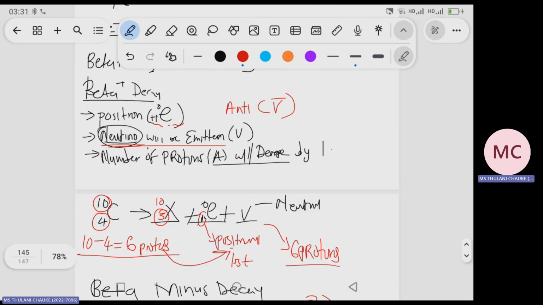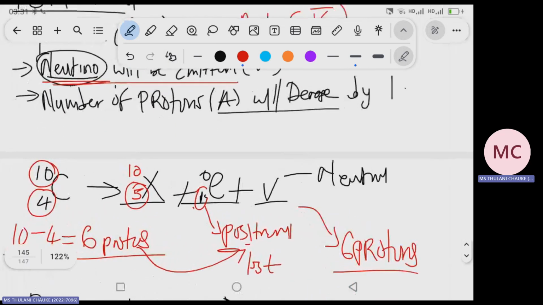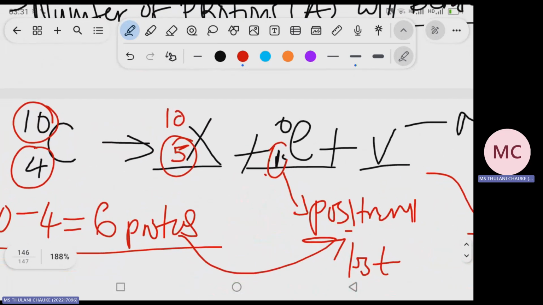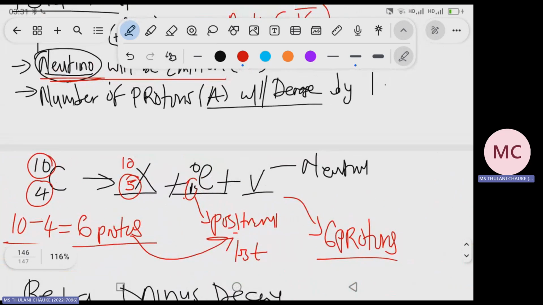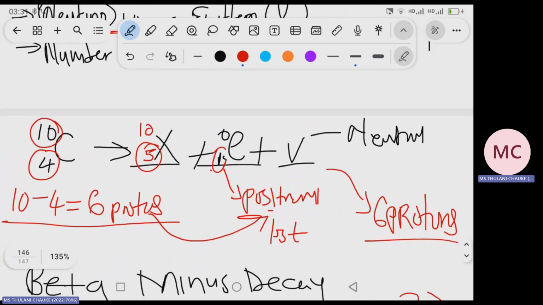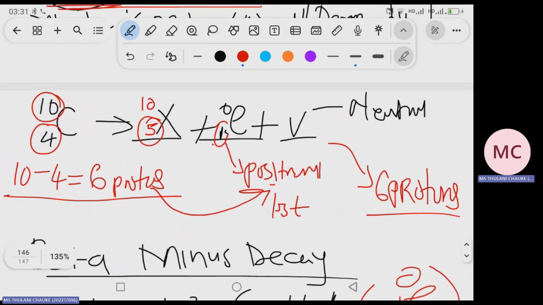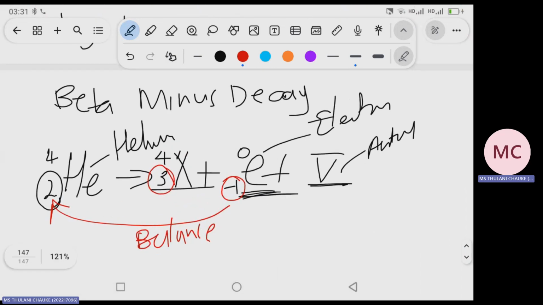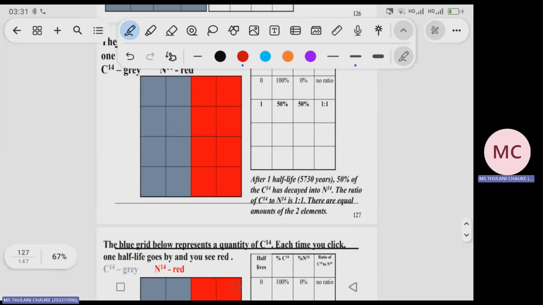And also this one. What happened on this one? A positron is lost. 5, 1. I don't know why this doesn't balance. Let me check here.